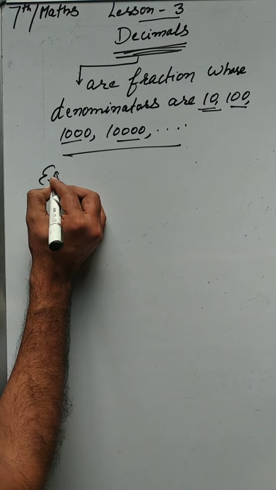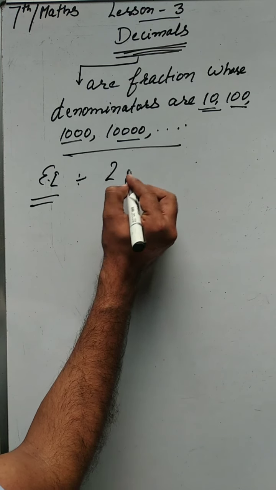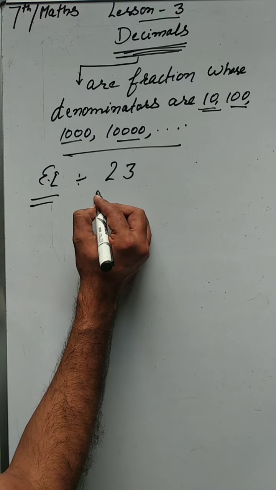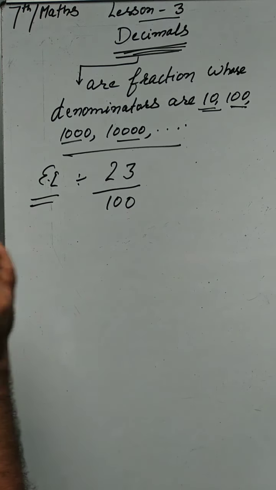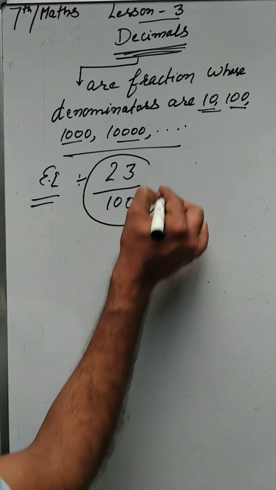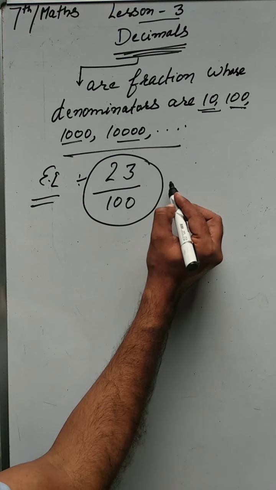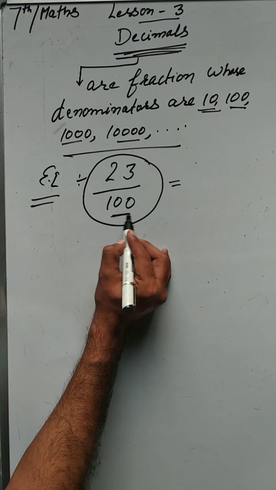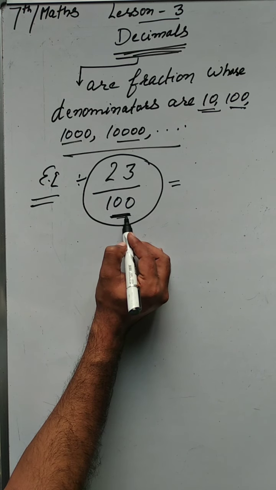Like, I have a number 23 upon 100. This is a fraction. You know how to change a fraction into a decimal? Look here. How many zeros are there with 1? 2 zeros.